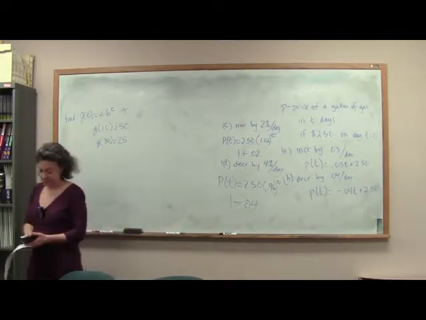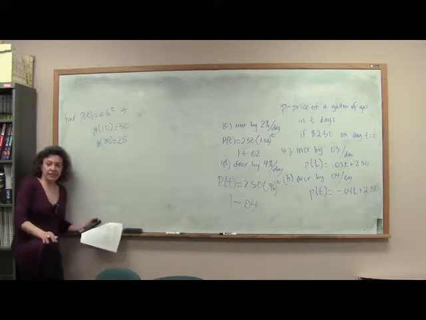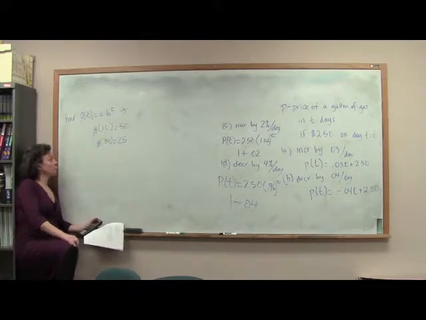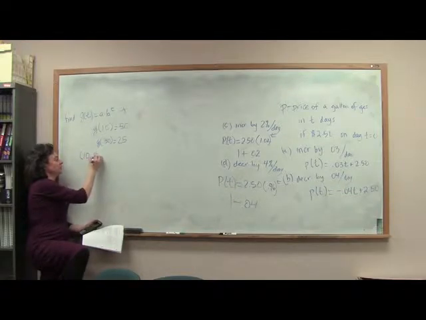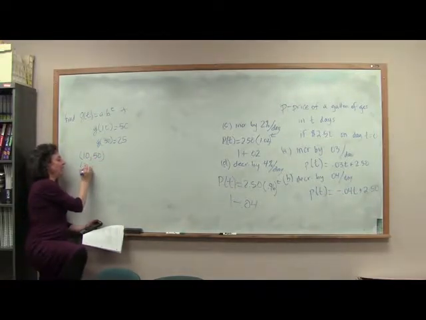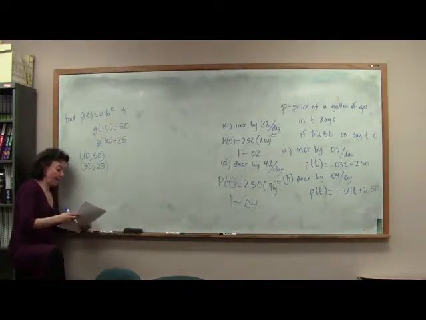So now what we're given is essentially 2 ordered pairs. I think you'll grant me that one ordered pair is 10, 50, and the other ordered pair is 30, 25.